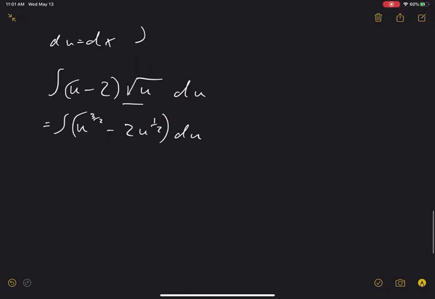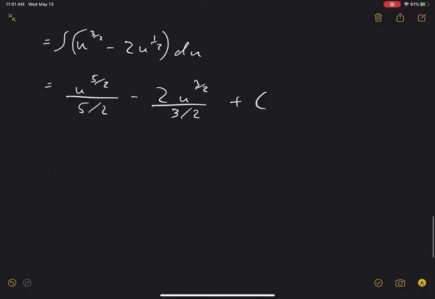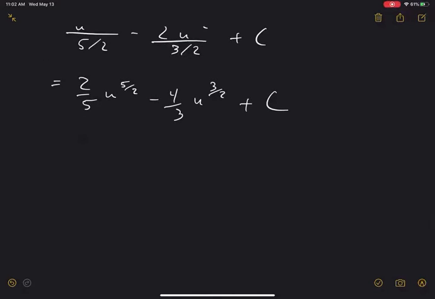And now I can integrate this, right? So I get this antiderivative, and then I just undo my substitution.